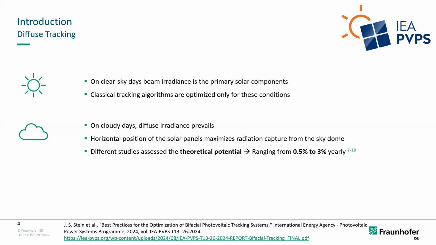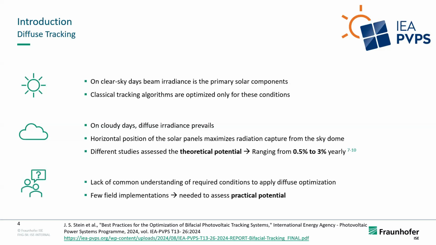In the literature, there are many different studies that try to assess the theoretical potential, with claims ranging from 0.5% to 3% yearly. However, there is a lack of understanding, first of all, on the condition at which to implement diffuse tracking. So exactly when do we go to stow position?